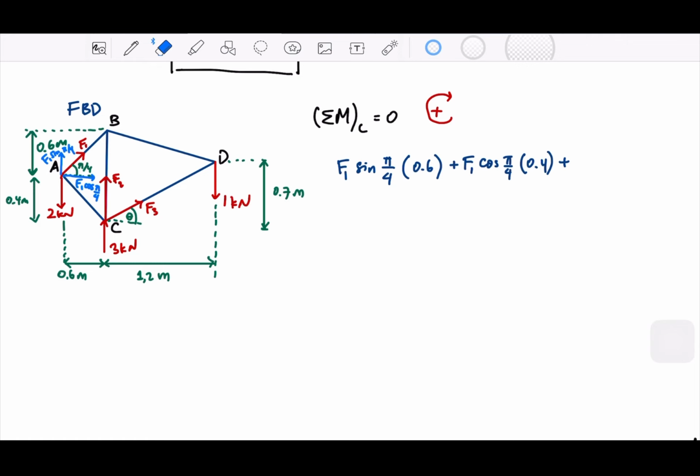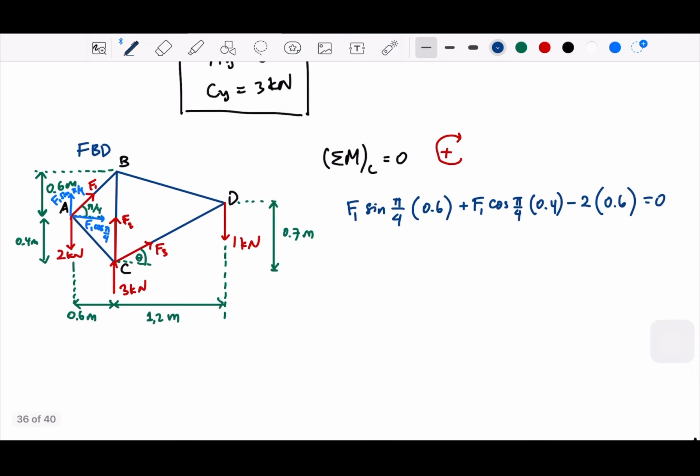So AC, I forgot this AY here. So AY, this is going to be this distance, and this is going to be counterclockwise, so it will be negative. Okay, sorry. So 2 kilonewton, and then 0.6, and this equals 0. So this is only applied, I forgot to mention, to AC. So this is only the internal force at AC, right?